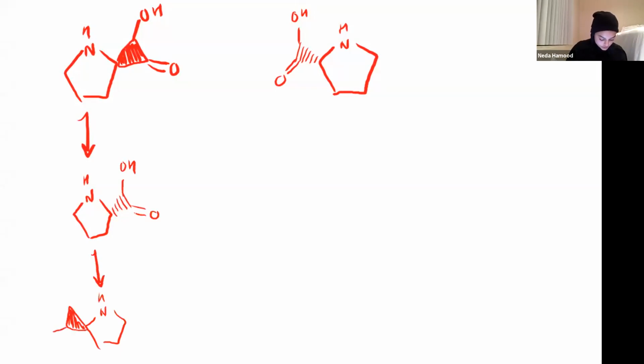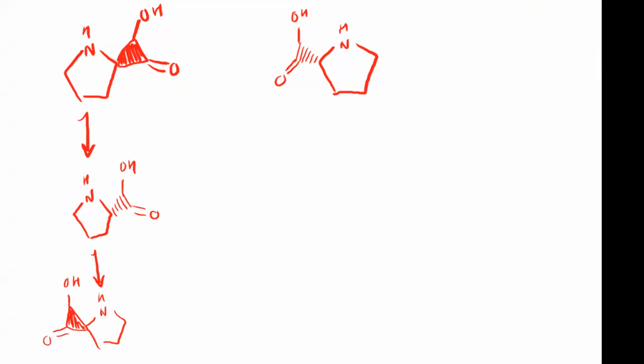But if you draw the mirror image and you flip the configuration, then they are identical compounds. Can you repeat? Cool. If you flip the configuration and you draw the mirror image of a compound, then it will be its identical compound.